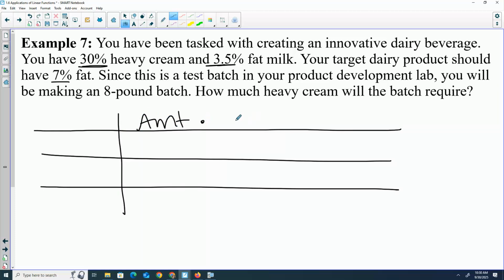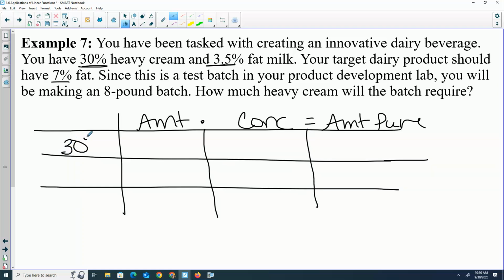Amount times concentration equals amount pure. I'm mixing together 30% and 3.5% to get my total 7%.